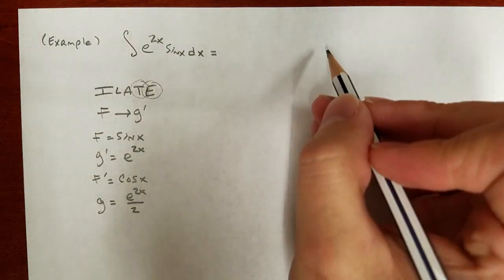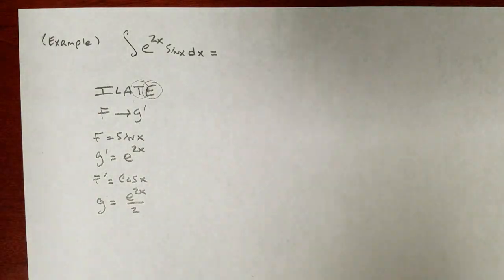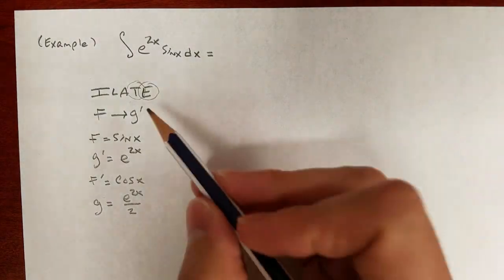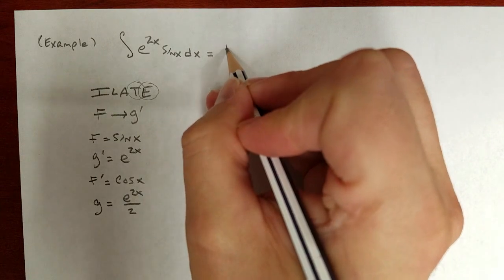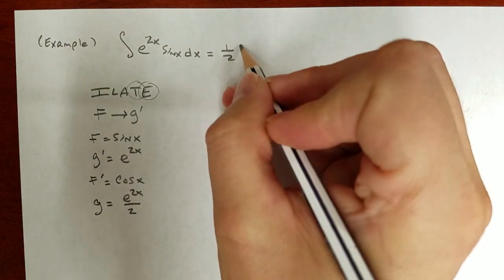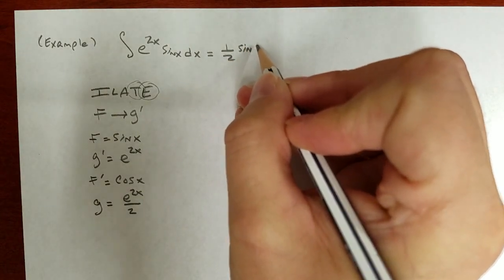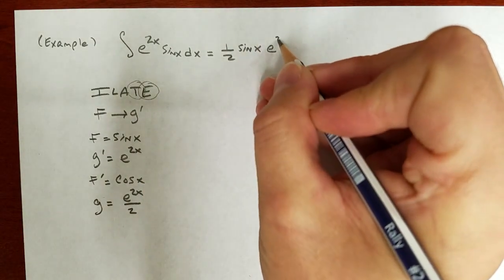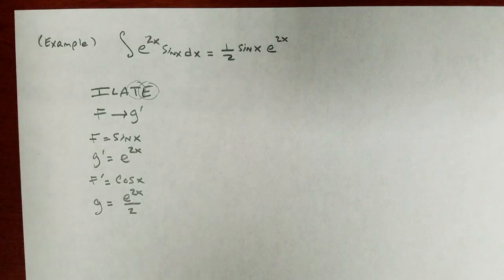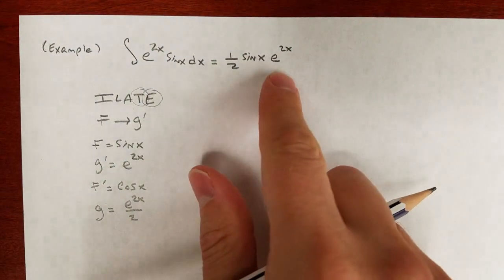Let's fill in the rest of it the way the integration by parts formula tells us. It's f times g, so we get 1/2 sine x times e to the 2x.